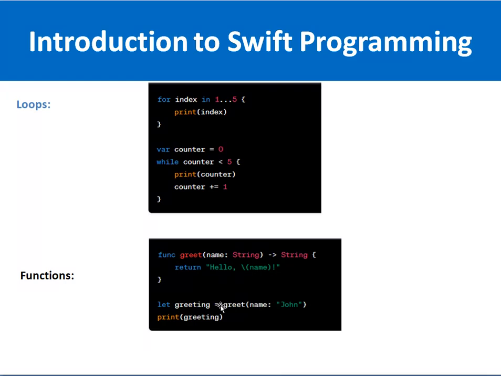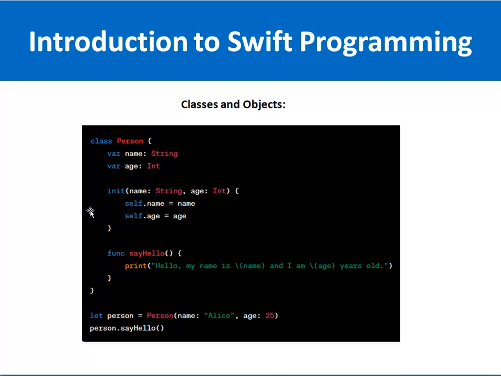Once I call greet, it will call this method with the name John, and "Hello John" will be returned into greeting and printed here. So this is a very basic concept of a function.